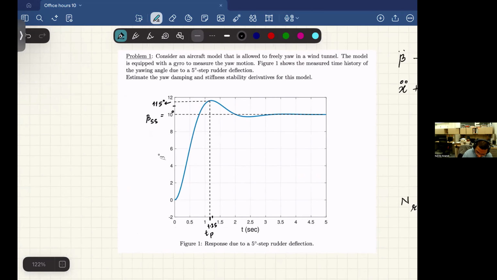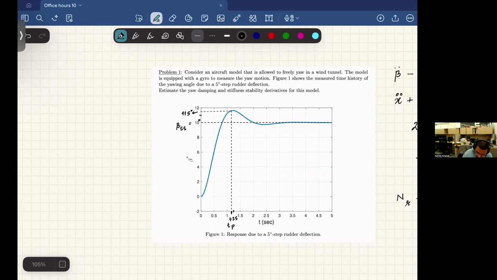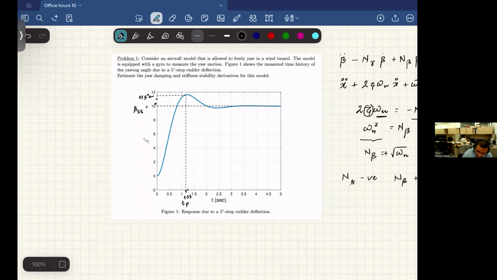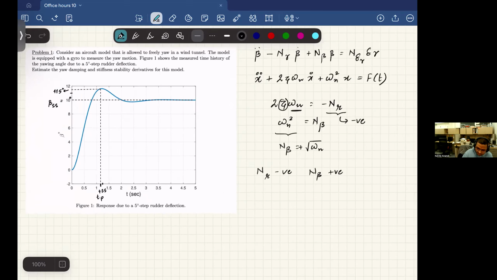Okay. So I have determined the characteristic values of a second order system. If you recall, these are the important parameters which completely define the behavior or the properties of a second order system. First, the steady state settling value is 10 degrees.